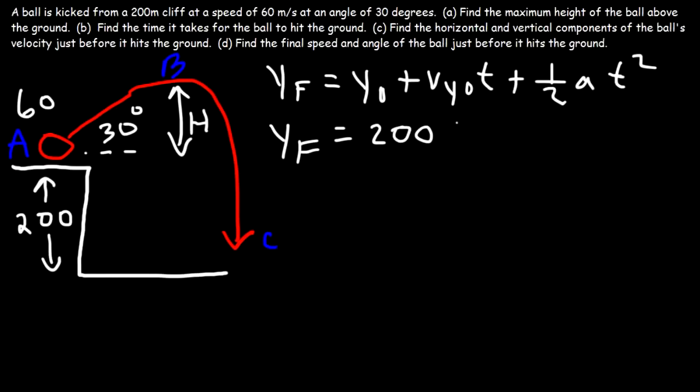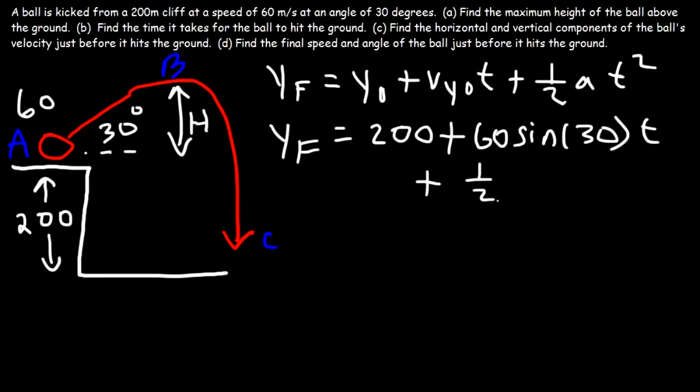Vy initial is V sine theta, where V is 60 meters per second times sine of 30 times t. And then this is going to be plus 1/2 the acceleration in the y direction, which is negative 9.8, times t squared.